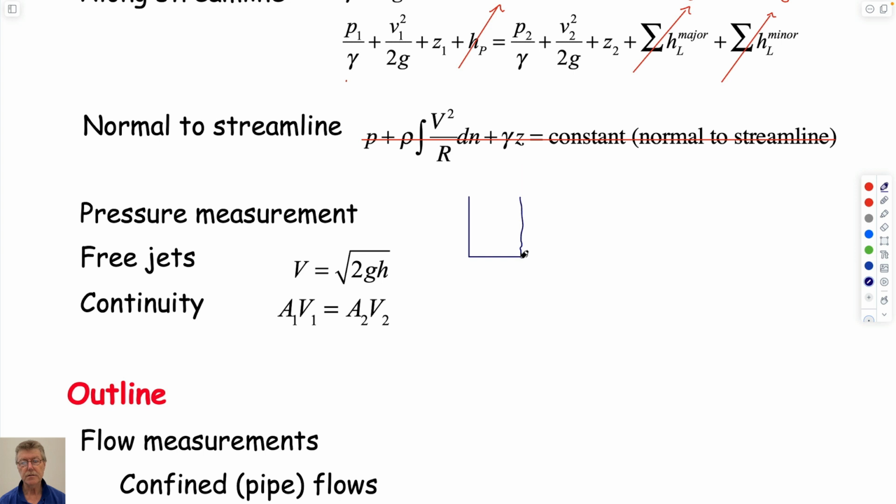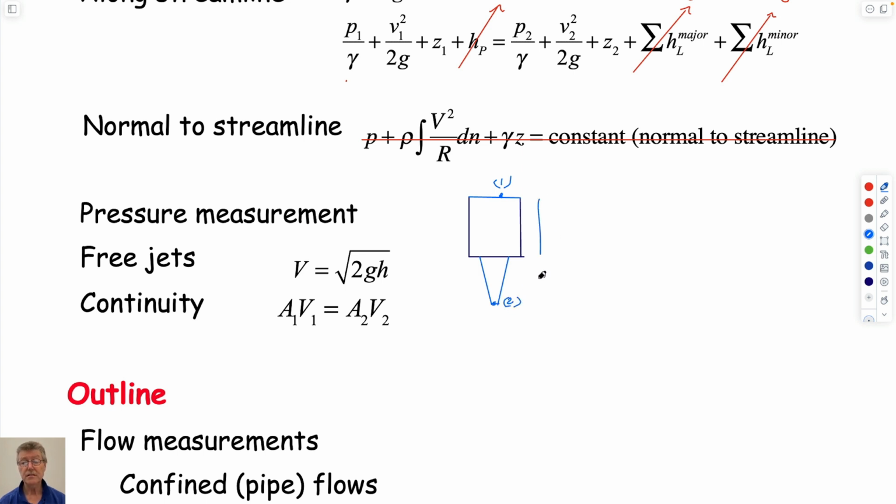And we could have flow out of a container. And we've talked about free jets in different ways. We just write the equation between point 1 and some other location.